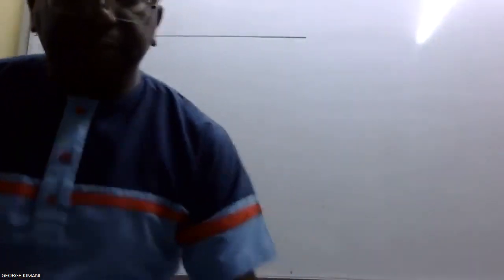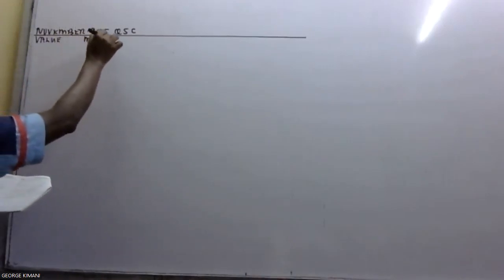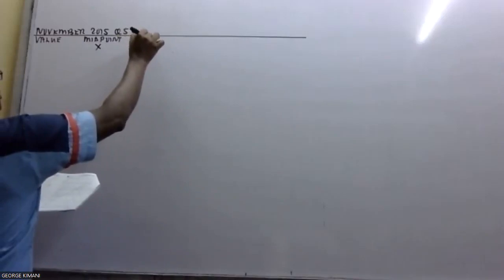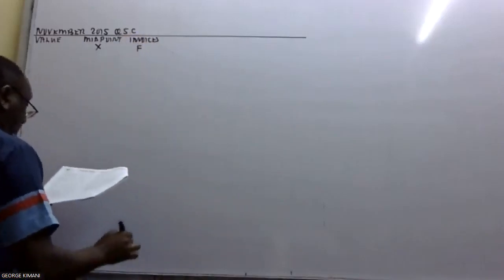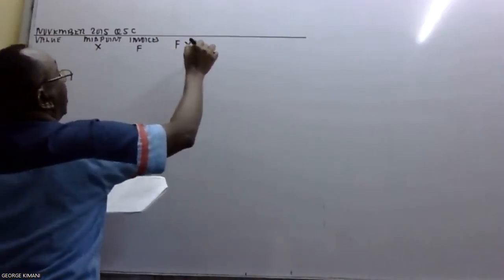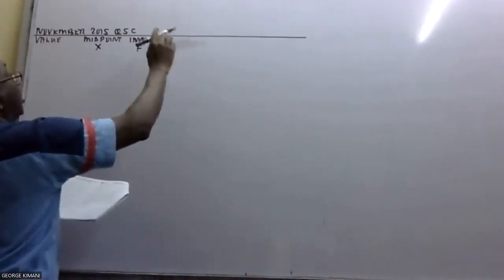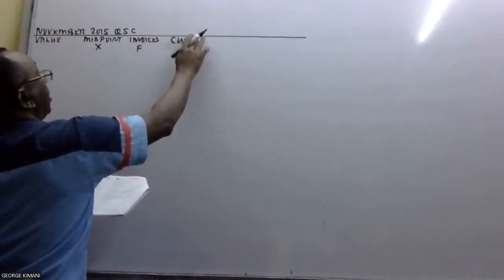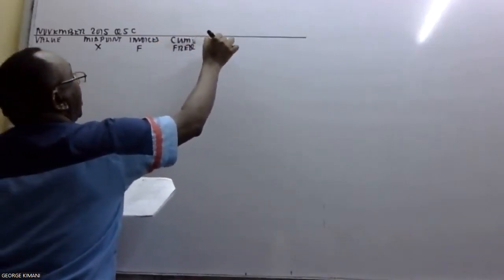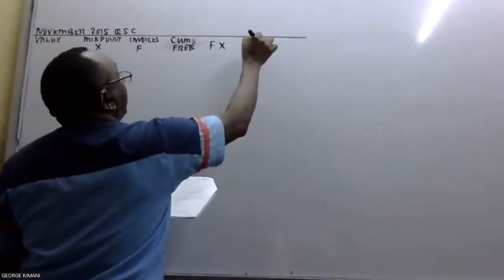Now, in that question, we have the value, we will have the midpoint, which will become our X. We have the invoices, which will become our F. We will have a column of F multiplied by X, or maybe I can start with the cumulative frequency. Then I can have Fx, then Fx squared.